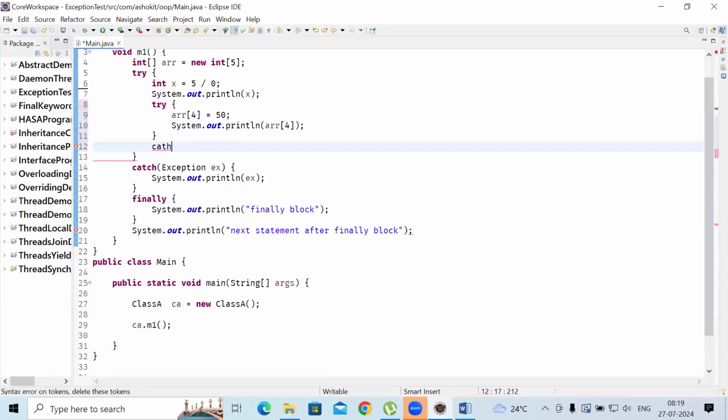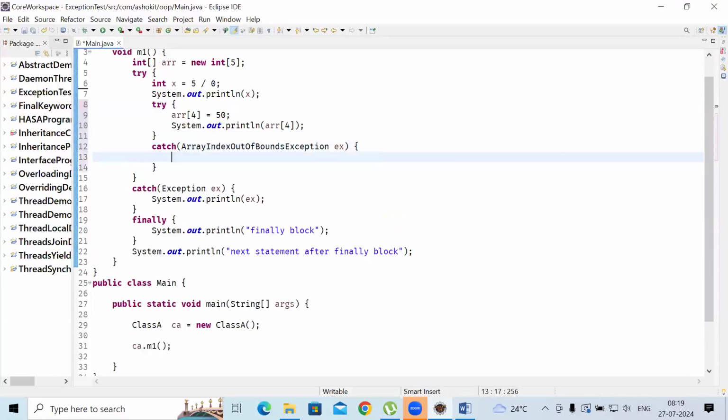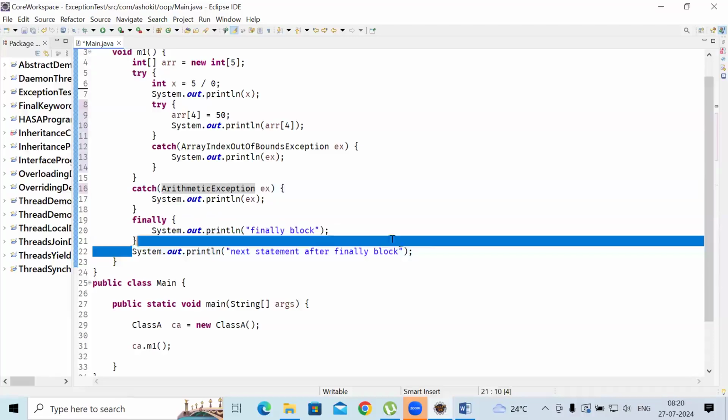For this try block also, I'm writing a catch block: catch ArrayIndexOutOfBoundsException, and display the exception by writing System.out.println of ex. And here I am writing ArithmeticException. This is the finally block. These statements I want to remove.